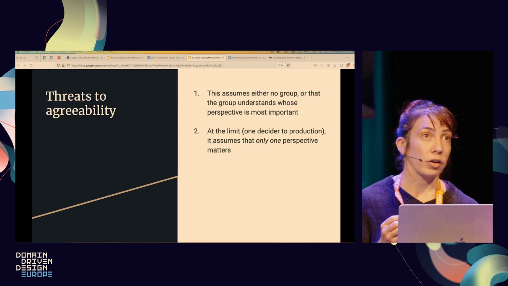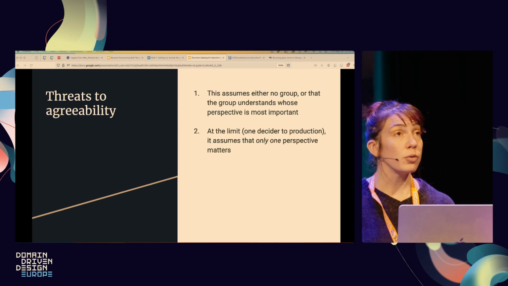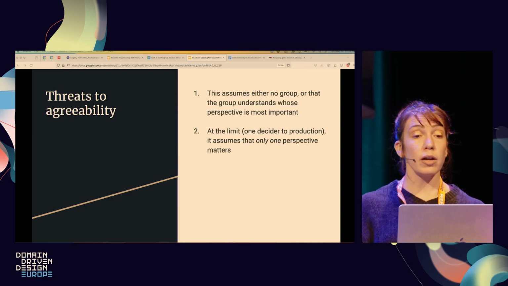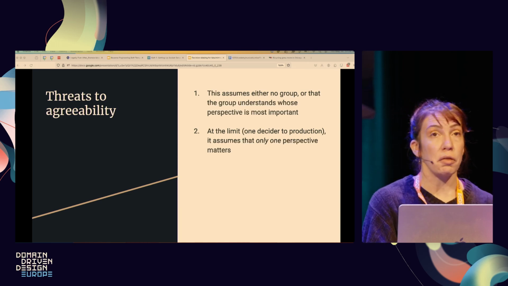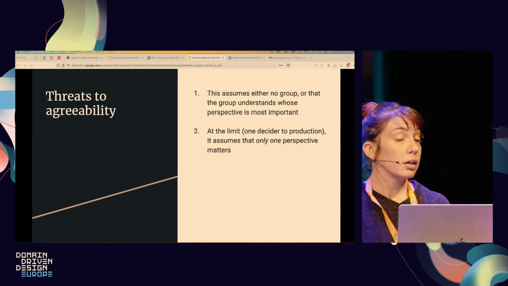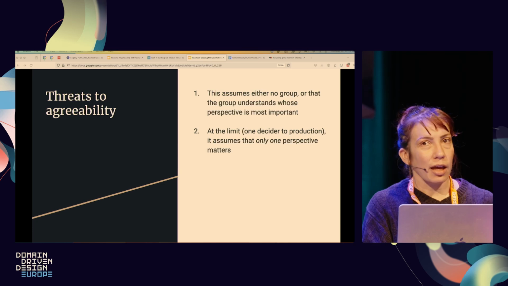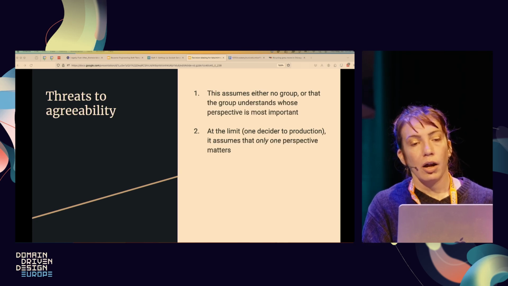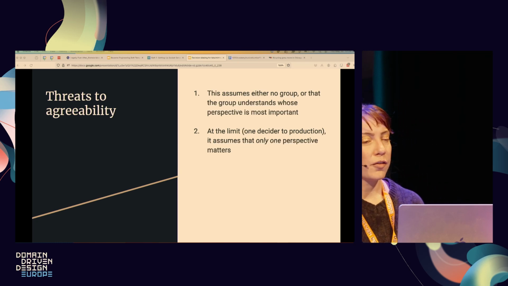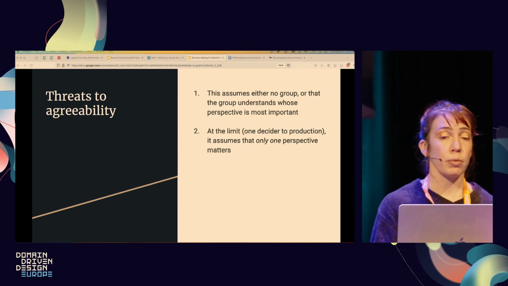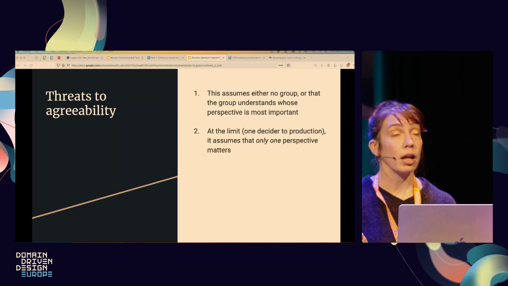If the person's decision is going into effect without review, then it assumes that only those perspectives that they represent matter. And maybe that's the case, but it often isn't. Returning to the pizza ordering example for a moment, it's possible that the office manager understands which folks in the office will be able to eat what.